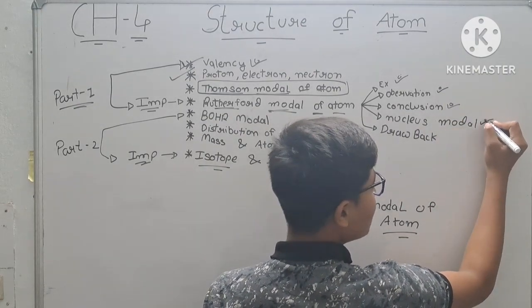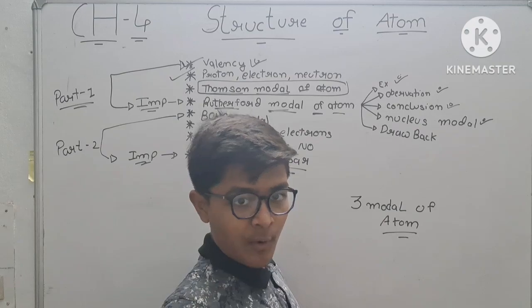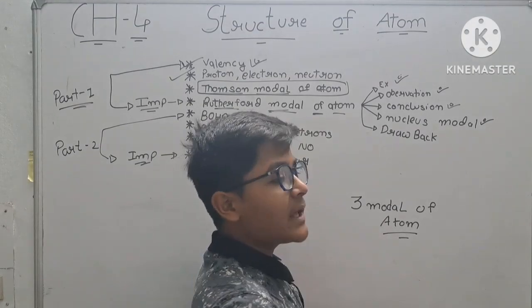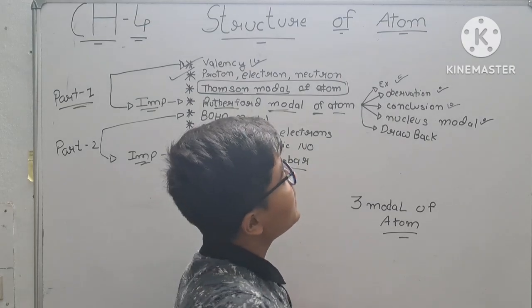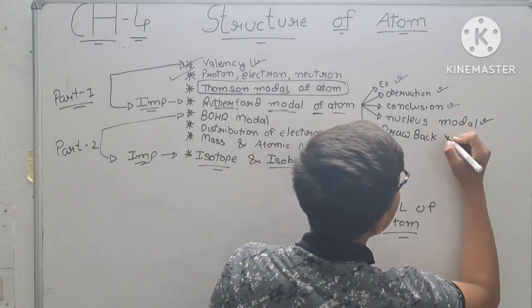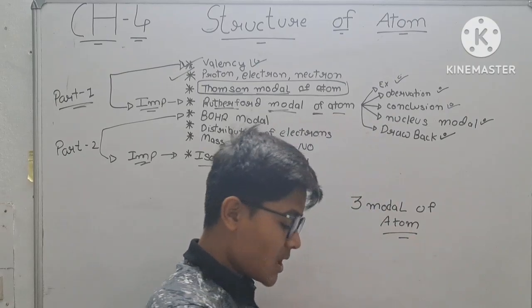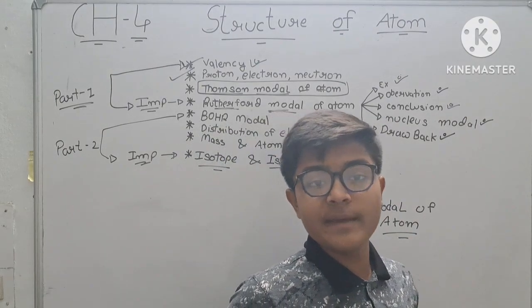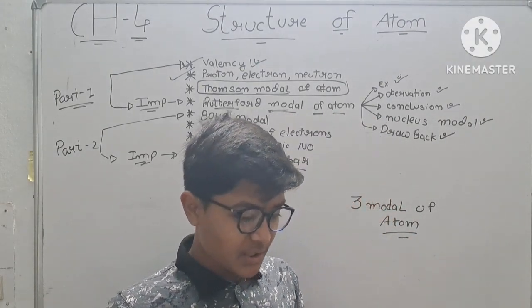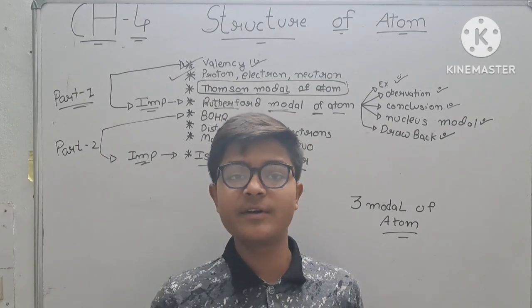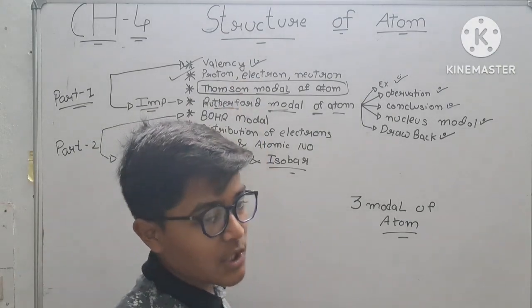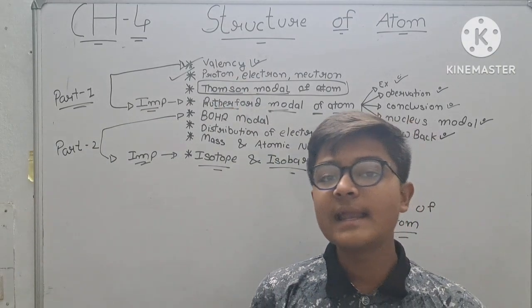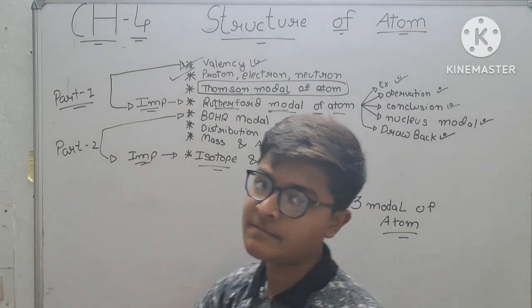Then he gave a model. And after that, some scientists came out and said that he was wrong. The drawback of Rutherford. That means Rutherford discovered something correct and something wrong. Okay, so all those topics we will do in this part 1. So let's start with part 1, and let's start first of all with valency.